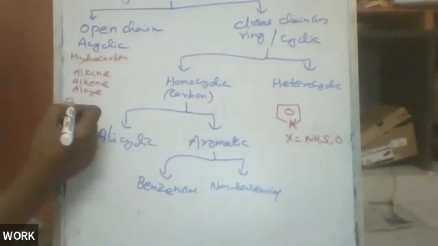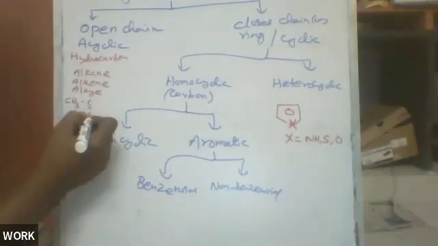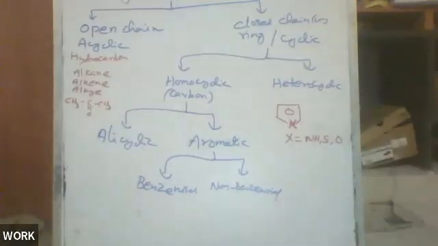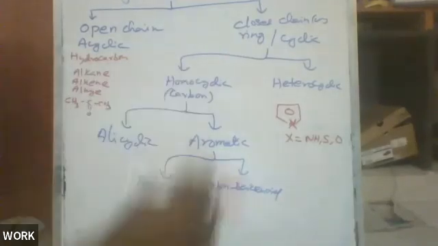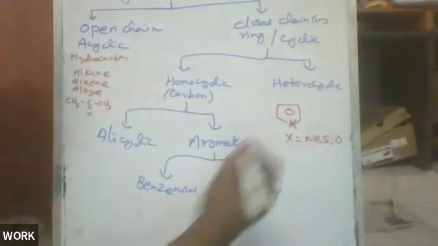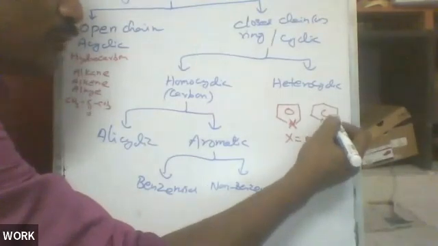Here you can write aliphatic: acetone, aldehyde, anything which is open chain, straight chain, you can write under aliphatic. Alicyclic are closed. Heterocyclic compounds you can write like this, pyridine and compounds like this.